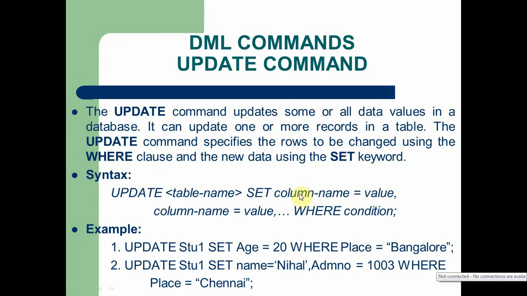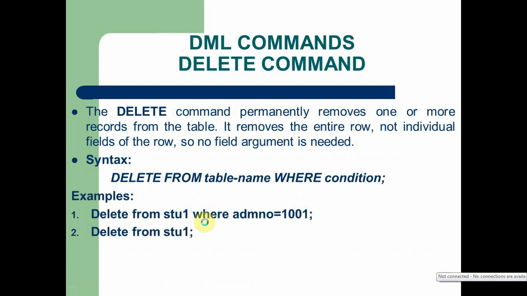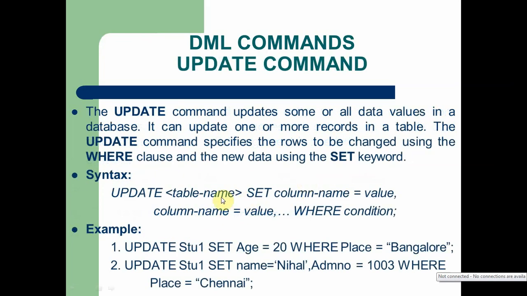Here you want to specify the column name of the table and value, that is new value for this column. Again, if you want to add more columns, you can simply add the column name is equal to new values for that particular column. There must be a condition that column name should be referred to this table, and where condition.